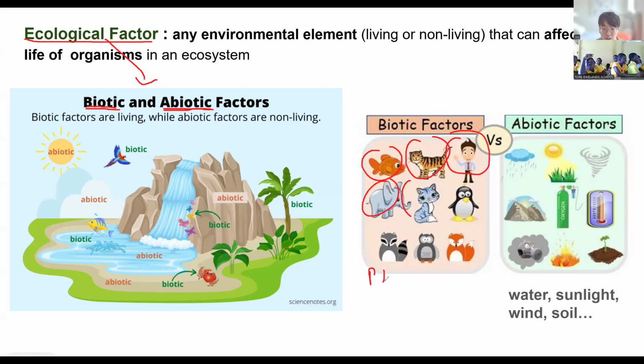Plants are a biotic factor. Plants are living. Abiotic factors are parts of the environment like rain, sunlight, wind, maybe some geography, oxygen, temperature, and more. But all of these are examples of ecological factors that affect the life of an organism.